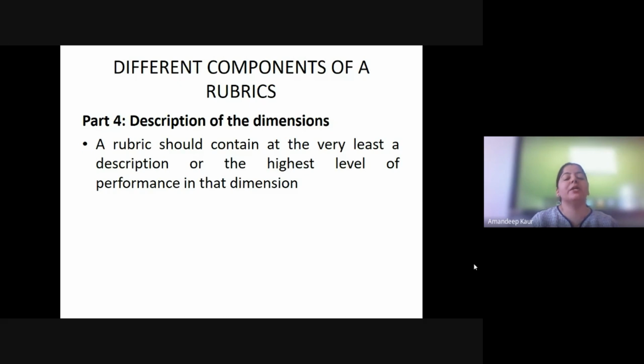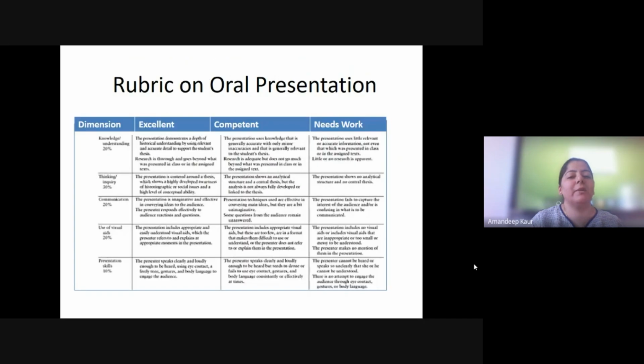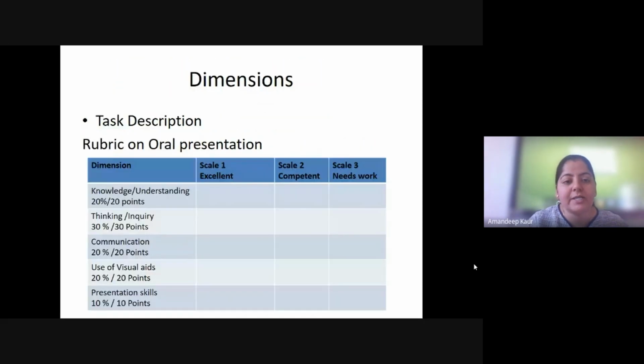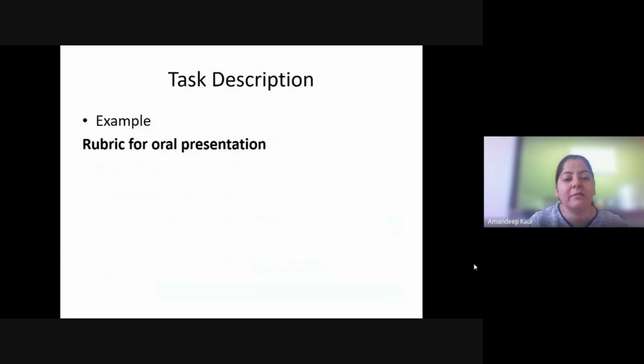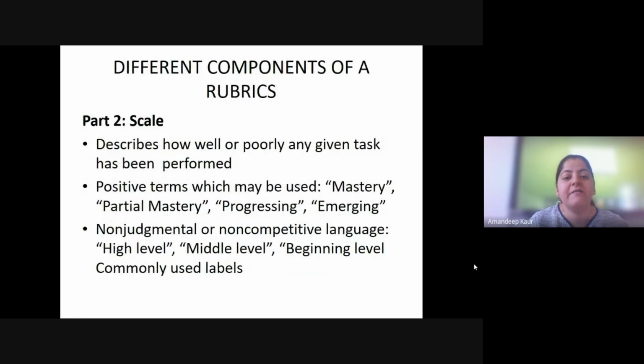When it comes to the description of the dimension, a rubric should contain at least a description of the highest level of performance in that particular dimension. But the question arises, let me go to the slide of scales. Say I'm using the term mastery as a scale and the dimension selected is communication skill. Now I need to define what I mean by this term mastery.